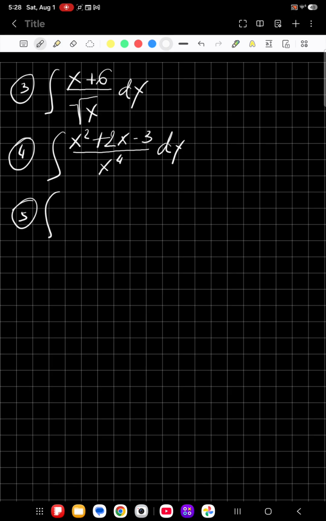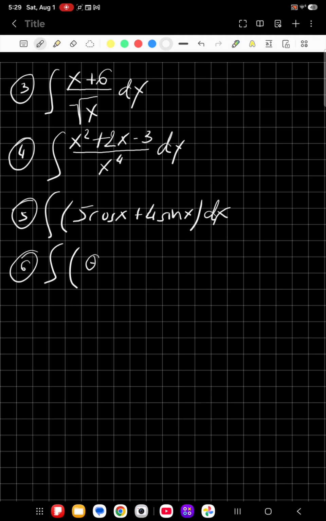And then integral of 5 cosine x plus 4 sine x dx. And one more. Problem 6, integral of theta squared plus secant squared theta, and we're integrating with respect to theta.